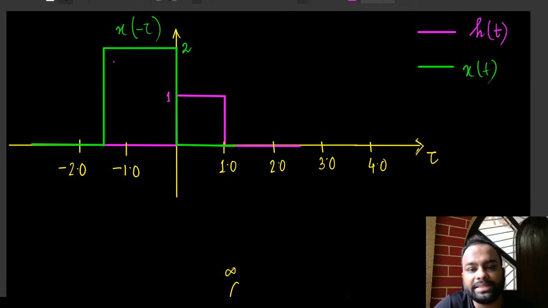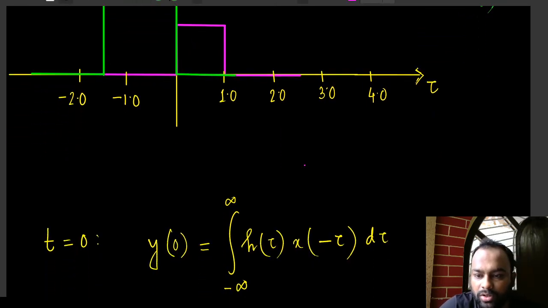Wherever the green signal is not 0, the purple one is 0, and wherever the purple signal is non-zero, the green signal is 0. So if I multiply these two signals, their product is going to be 0 for this particular example. There is no common area they share, so their product's area is also 0, and eventually this integral is 0.